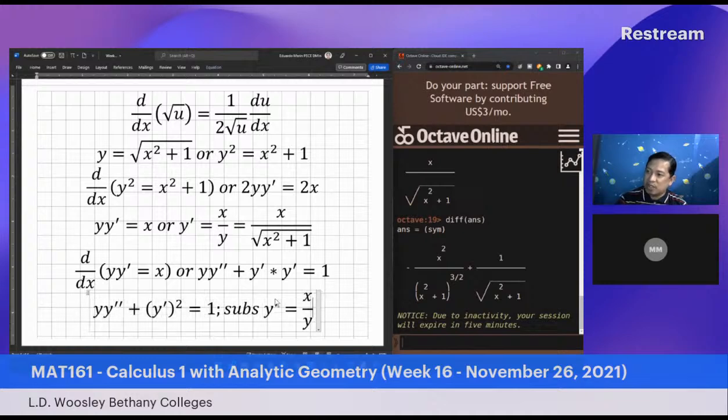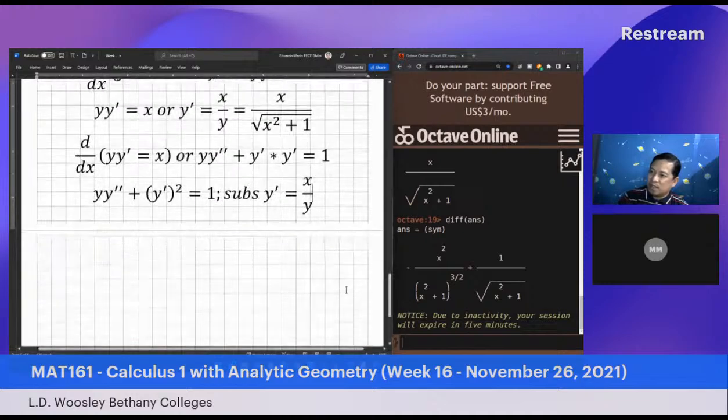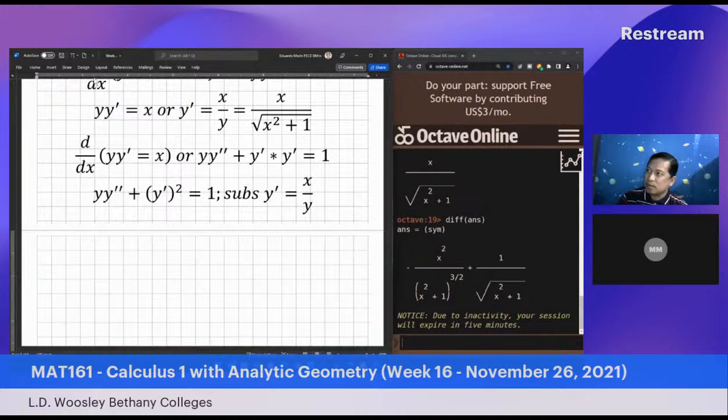So that's our previous method. So what we'll have here, okay, so y double prime plus what we have here, substitute mo lang x over y. X over y. Pero alam natin yung y, may katumbas yan, mamaya niyan. Mamaya natin substitute yan. Okay? Squared. Okay, is equal to 1. Okay?